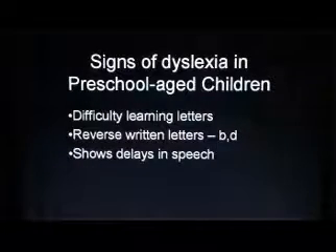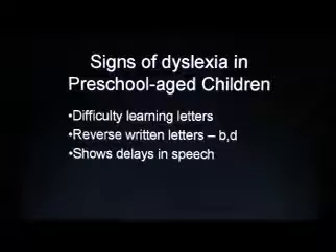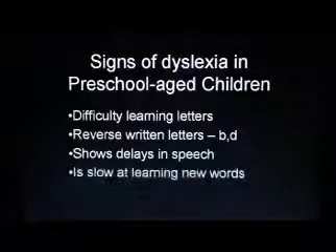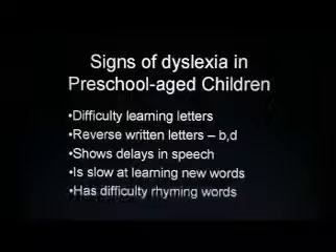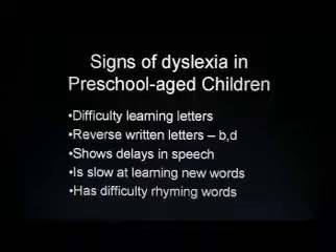These students may show some delays in their speech patterns when they're 3, 4, and 5 years of age. They may be slow at learning new words, not just letters, but then the sight words that they are presented with on into kindergarten may come much more slowly for them. And as we move into rhymes, poems, things like that, they may show quite a bit of difficulty rhyming the words.